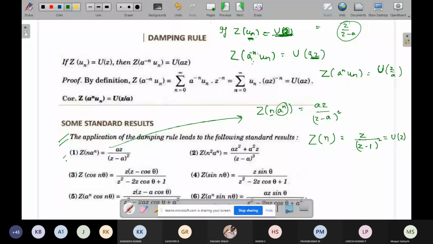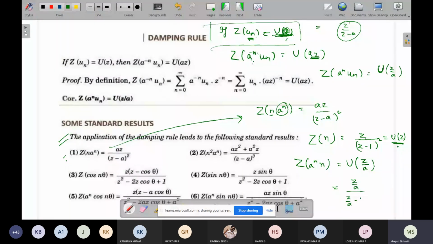It is multiplied with a power n, so z is replaced by z by a. That means z by a over (z by a minus 1) whole square.